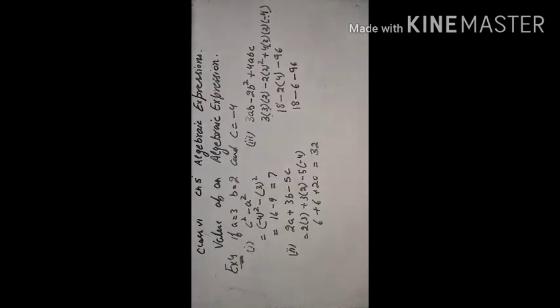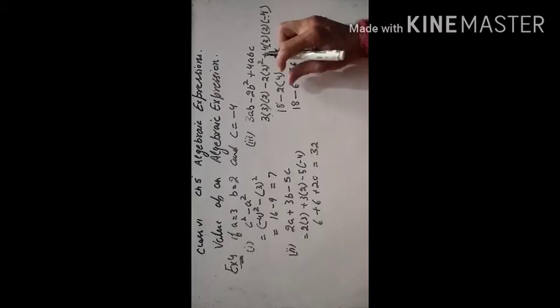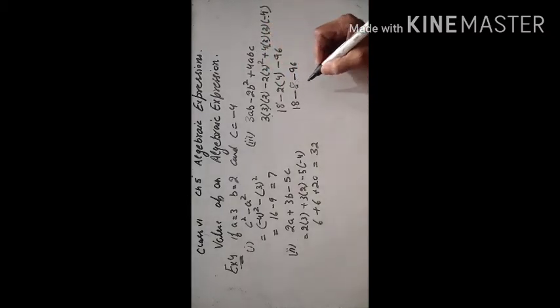Now 18, that is 4 2s are 8. 18 minus 104, that is further answer is minus 86.